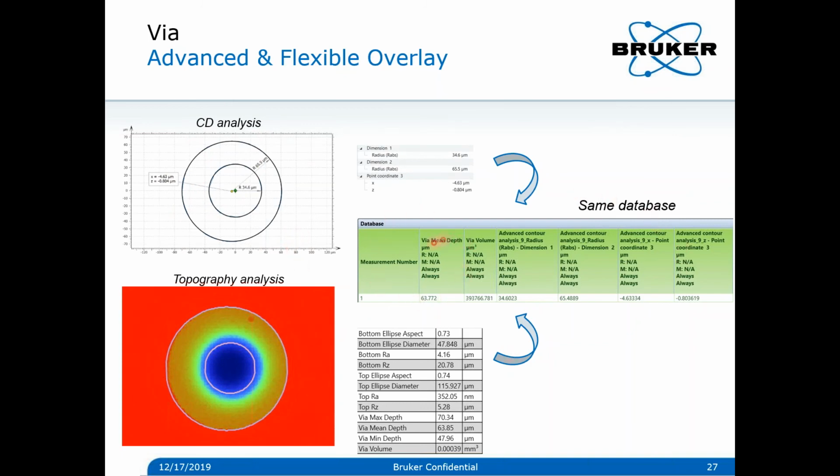We aggregate into the same database 3D information such as depth, volume of the via, together with proper 2D CD applications like radius and X and Y offsets between the two layers. And this opened up a brand new structure of automatic optical inspection through white light interferometry profilers, which is very interesting, making use of one single system instead of multiple.